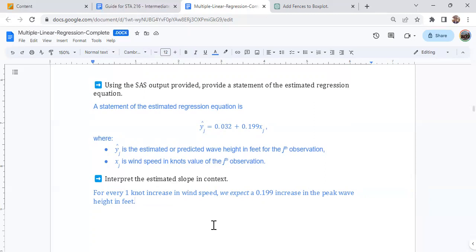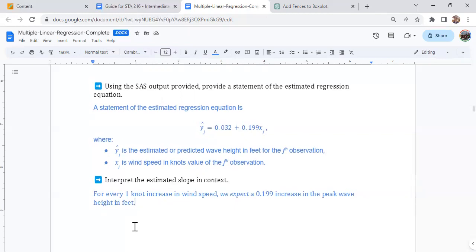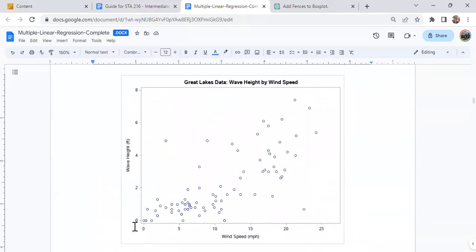Okay. Statistics is all about communicating very precisely what the data is telling us. And here we're describing the average trend or the expected trend between the variables. But we can see from the plot that there's a lot of variability. So maybe we have this straight line relationship that we expect, something like that. And we're saying we expect for every 1 knot, oh, it says miles per hour.